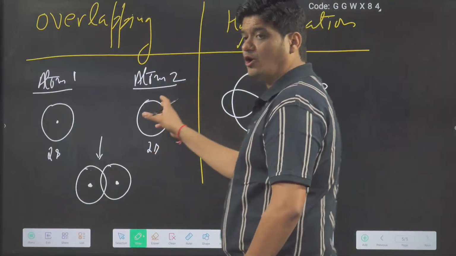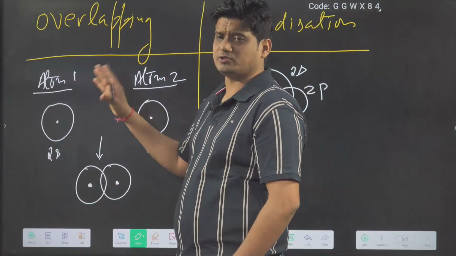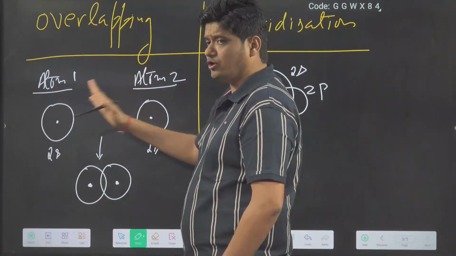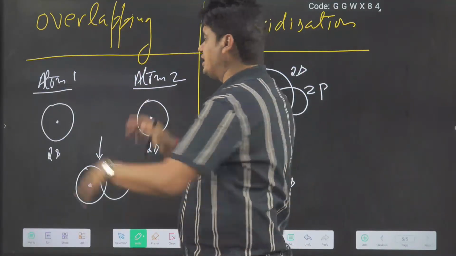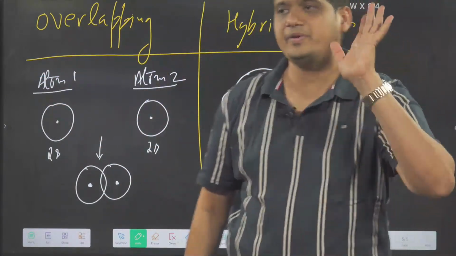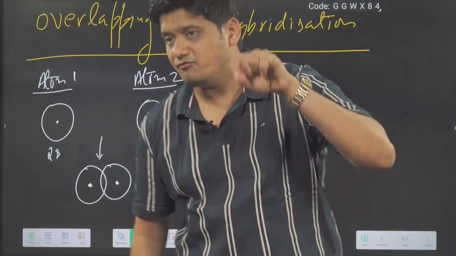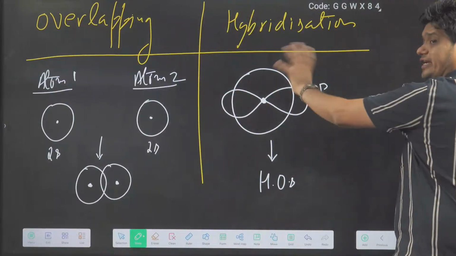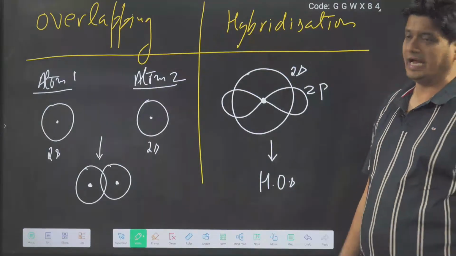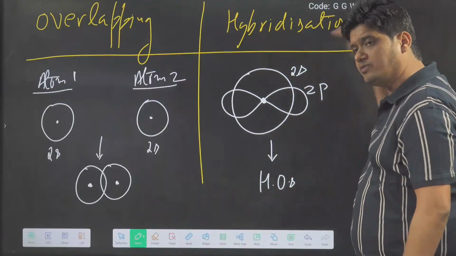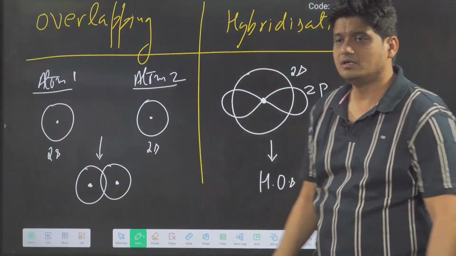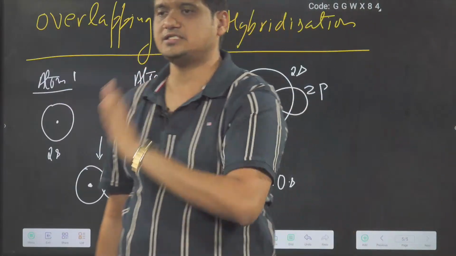So when atomic orbitals, or hybrid orbitals, of different atoms combine, this is overlapping. And when atomic orbitals of the same atom, like 2s of some atom and 2p of the same, intermix, this is known as hybridization in chemistry.